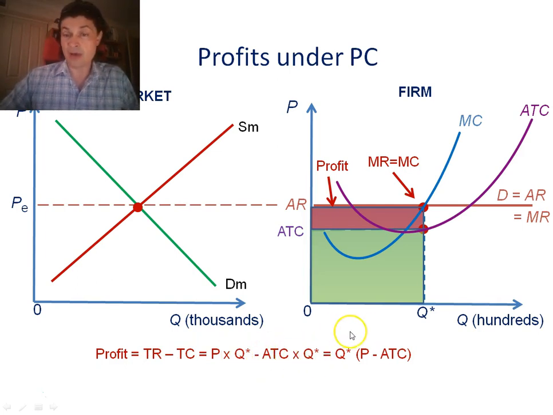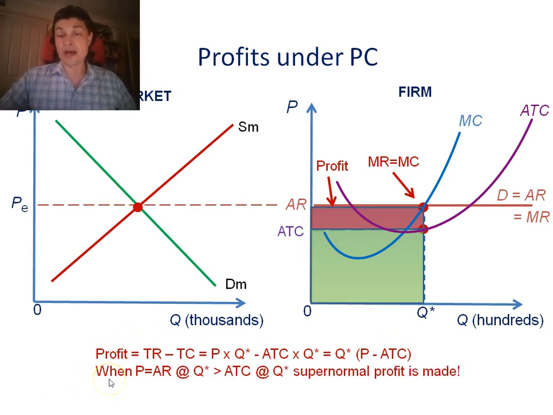In both cases, our quantity is our profit maximizing quantity Q star. If we modify our formula further, you can see that this difference between price and average total cost multiplied by Q star will give us our profit.